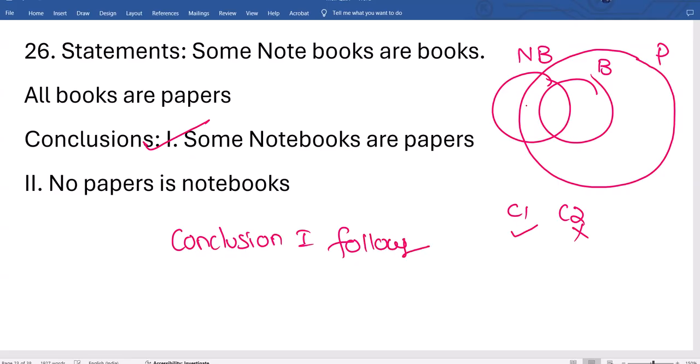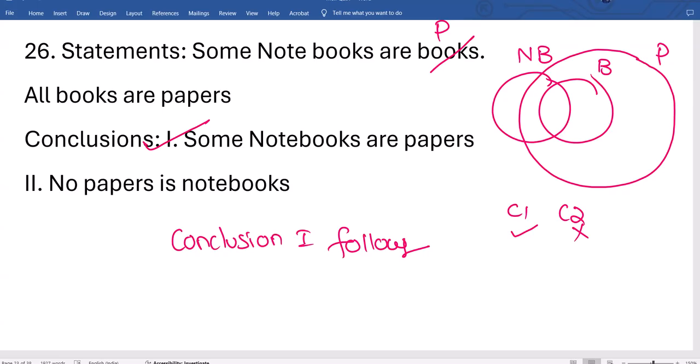There is one more shortcut actually to answer this question. They said all books are papers, right? In place of books, I can put papers. And what's the first one? Some notebooks are, that is what they gave in conclusion one. Some notebooks are papers. First one true. There is a connection between notebooks and papers.